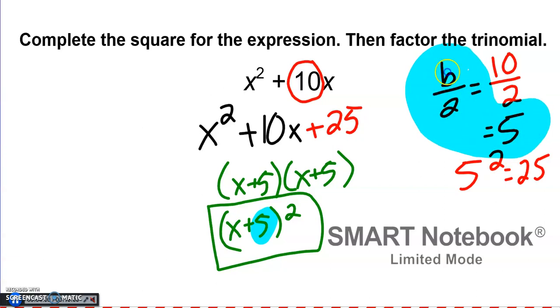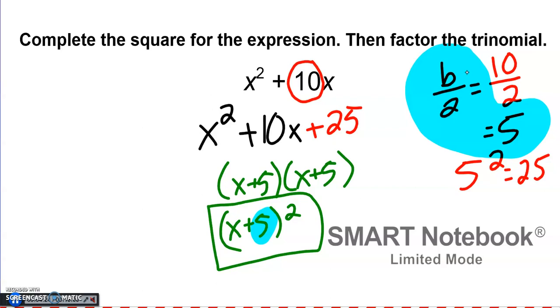So what we did is we took half of b, squared it to get 25, right? But the half of b before we square it appears in our final answer. It's going to be x plus 5 squared, right? So if we can understand this trick, then we can skip a few steps, right?